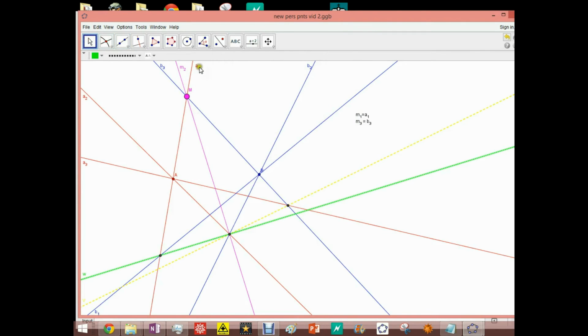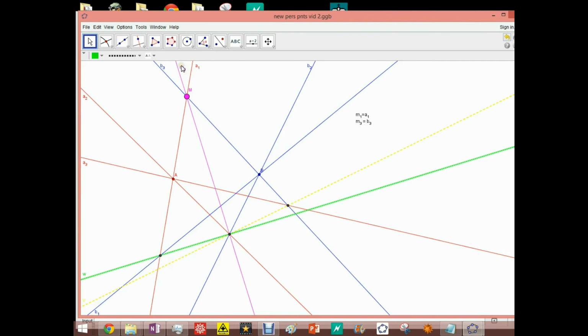So let's see what happens there. Well, we'll use M1, which is A1. That just goes straight down here to this place, and then it bounces onto B1. So that's good. M1 gets mapped to B1.